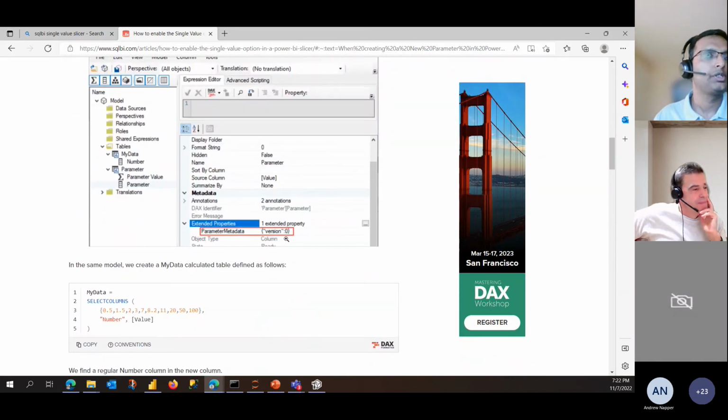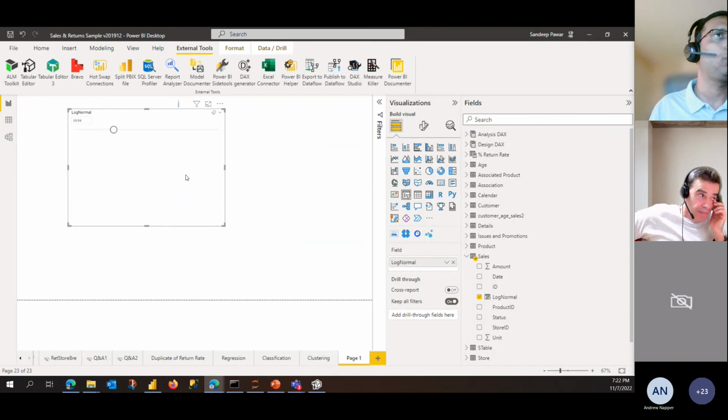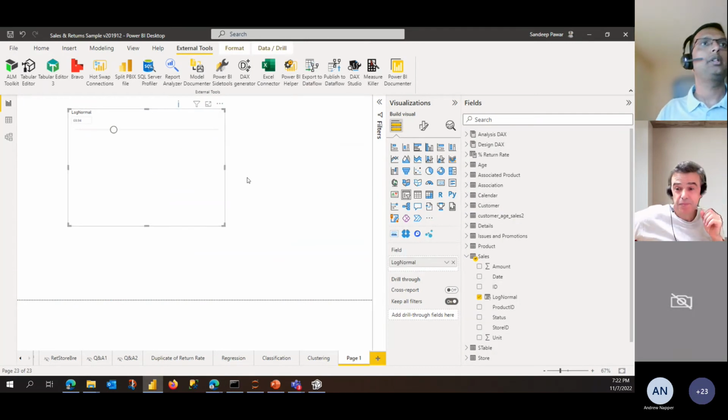There are different versions. There is another version where, if you wanted to convert the single value what-if parameter into a between, there is a way to do that as well. You can edit the metadata, call it version 2, and there are some other things you have to do, and you can convert it into a between value for a what-if parameter. But that's essentially what it does.